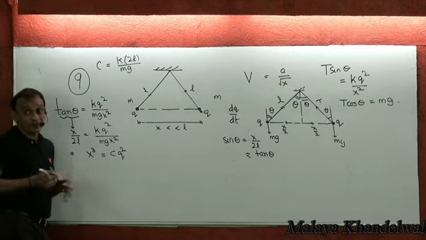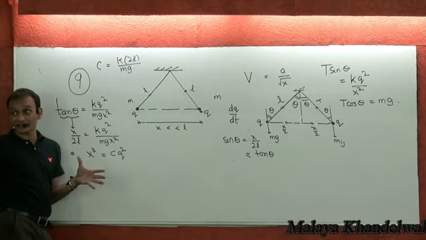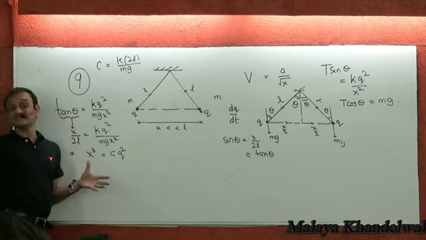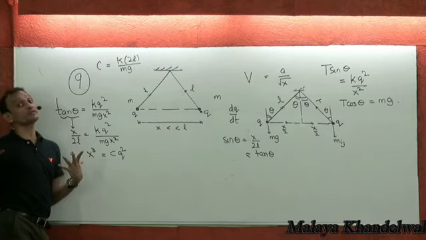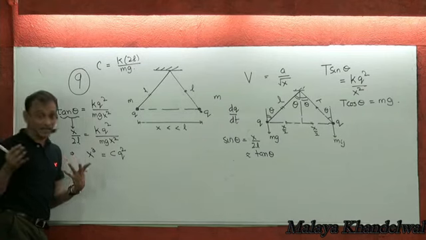Now dx dt would be the velocity of approach, because x is the relative separation. Then dx dt would be the relative velocity of approach, and dq dt would be the rate at which charge leaks. Clear?